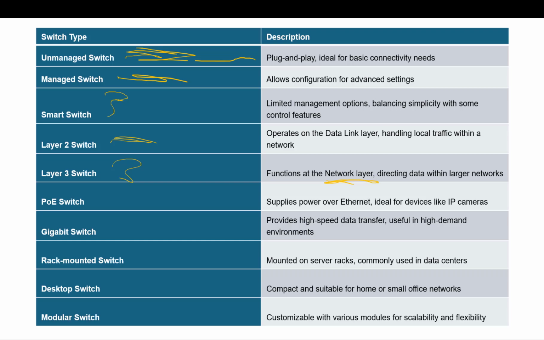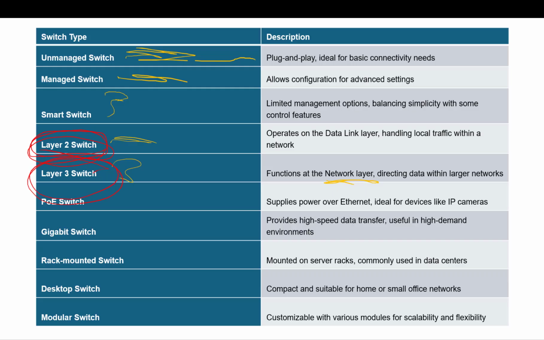So if you see the difference here, let me change the color to red. You see layer 2, if you only need things moved inside the network, where they move the packet for you freely, then you use layer 2, right? Now, if you want to use IP addresses to move things around, which is normally what we use, that is layer 3.